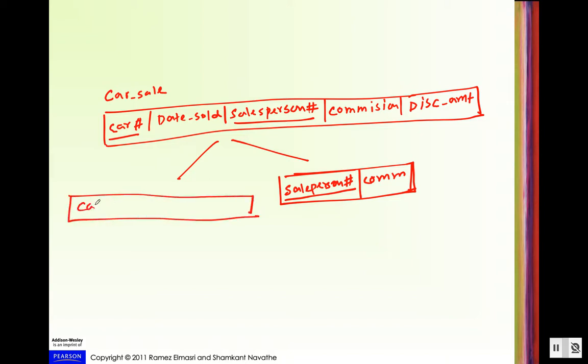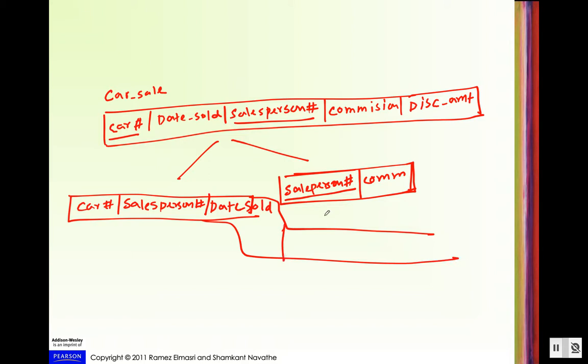Here I will have the car number, the salesperson, and all other attributes that are fully functionally dependent on that primary key: date sold and discount amount.